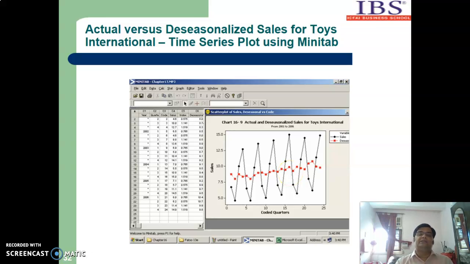So the data is now free of any seasonal index. The data contains only the T, C and I, that is trend, cyclical and irregular. So that's all about time series and index.